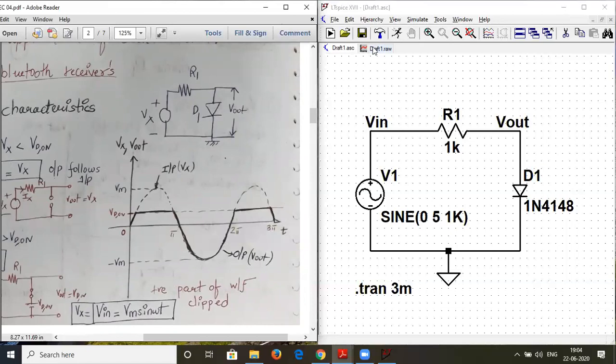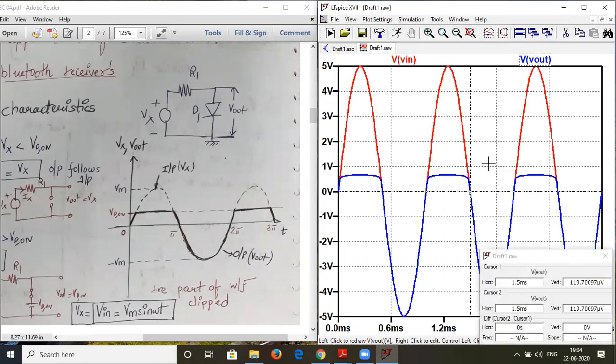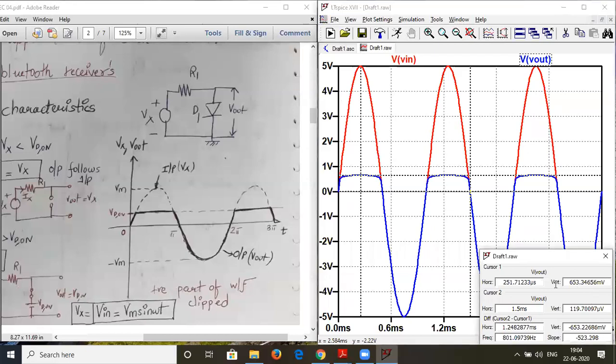Now let us cross check this with the output waveforms. Let me take one cursor and keep it over here. As you can see, the VD on voltage we are getting is 353.34 millivolt. That is around 0.65. So 0.65 is my VD on voltage for this diode 4148. Basically what it says is, as long as my V in is less than 0.653 volts, my diode is off.